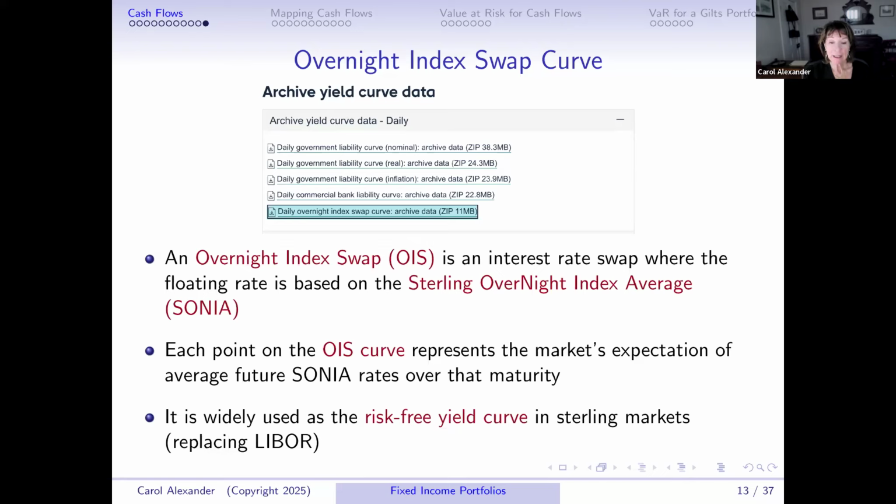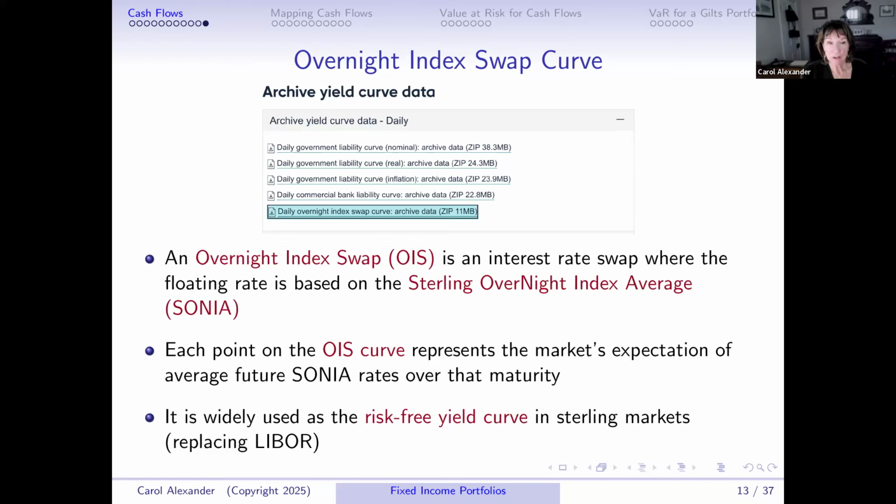And that is calculated taking an average of all the market rates of different terms. In other words, each point on the OIS curve represents the market expectations of the average future rates over that maturity. So we widely use this as the risk-free yield curve in sterling markets now.